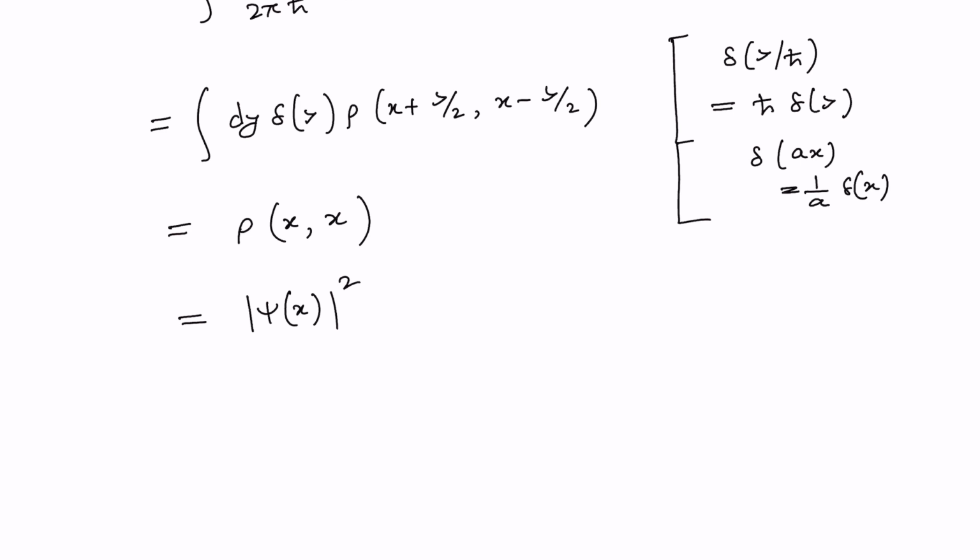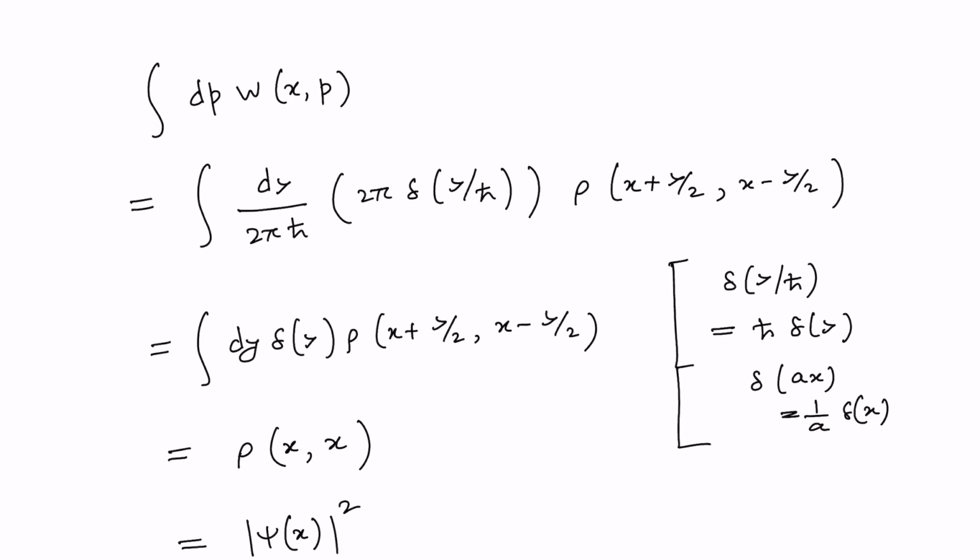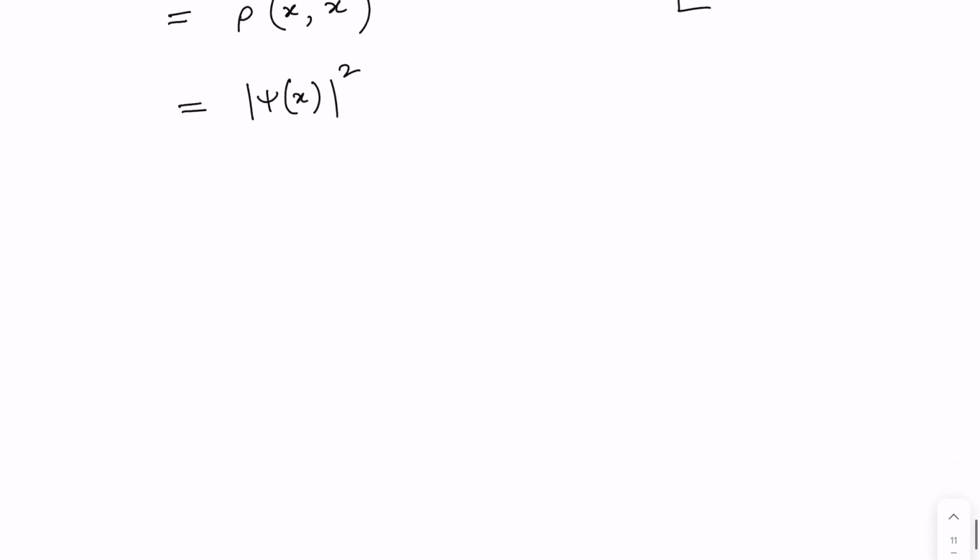So you see, we have now shown that just by taking the integral over the momentum of this Wigner distribution function, you are going to find the position probability density.